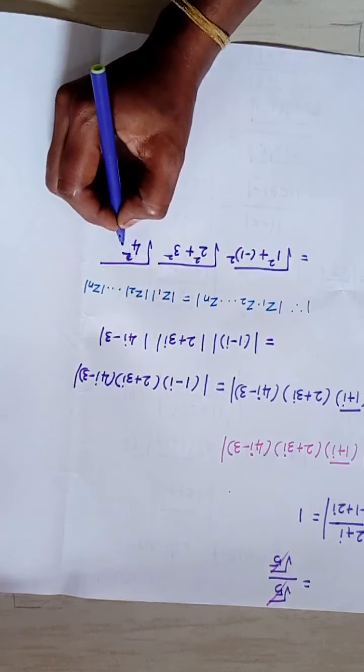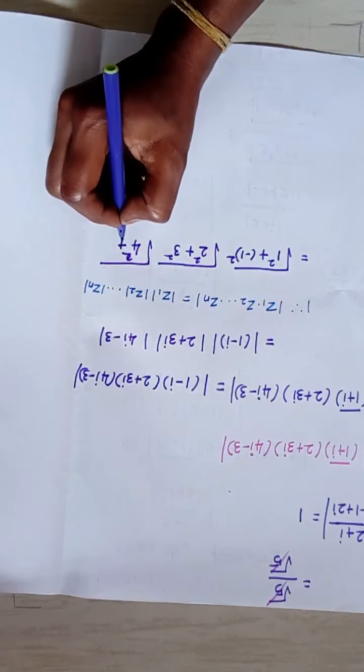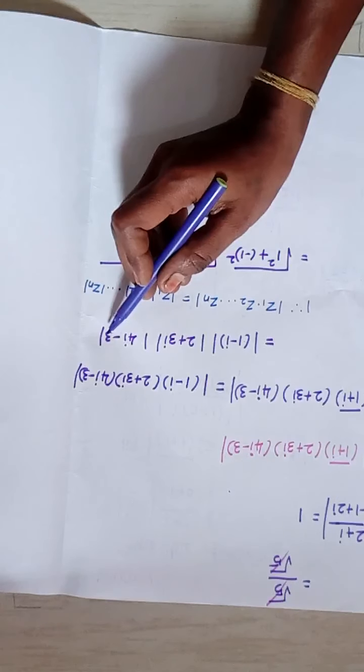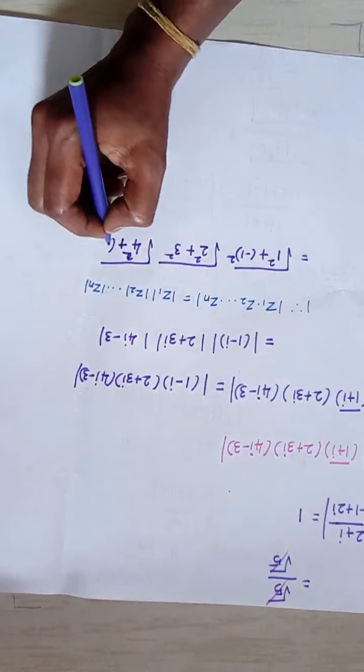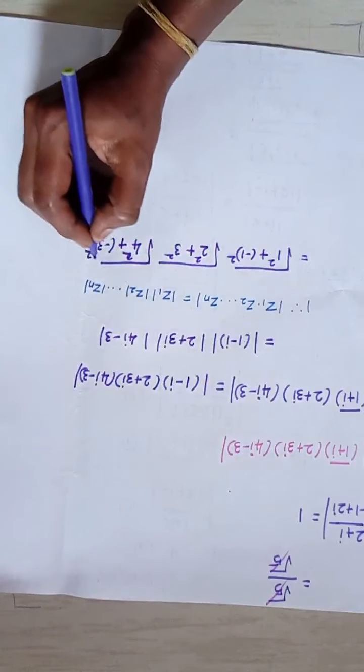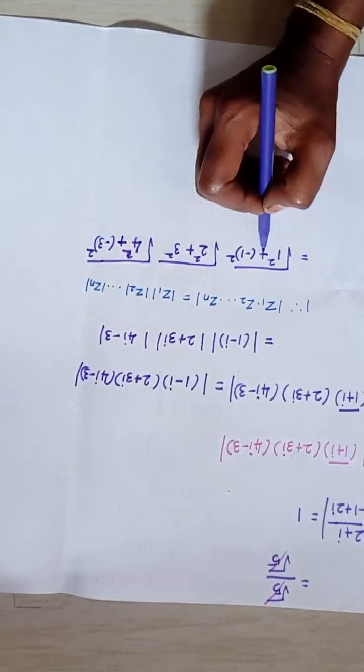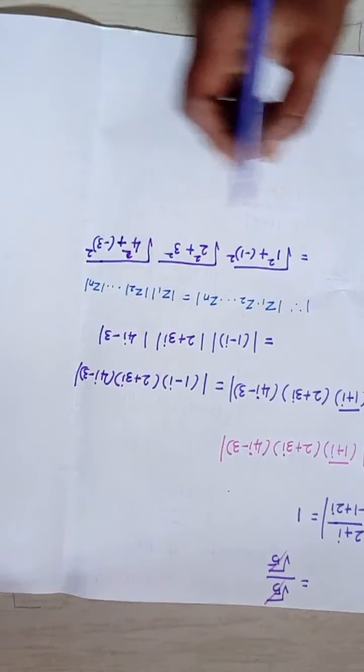Here plus or minus, ma'am? Here plus. Here the imaginary part is only minus 3, so write imaginary minus 3 the whole squared. Here always positive values; only the imaginary part is negative.